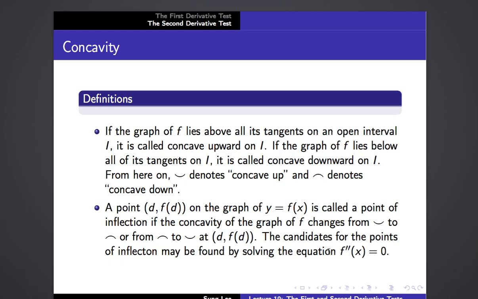Because while the state of the function, whether it is increasing or decreasing, can be determined by f prime of x, the concavity is closely related to the second order derivative f double prime of x. So f double prime of x determines whether the graph is concave up or concave down on an open interval.